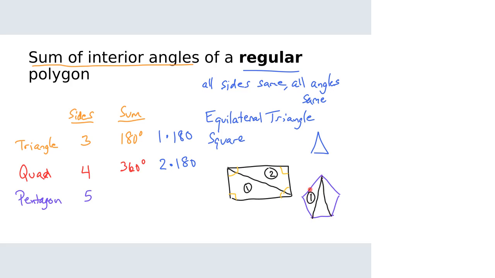And I have one triangle over here. I have a second triangle in the middle. And I have a third triangle over here. So if I wanted to add up all the angles inside that pentagon, now I have 3 triangles. So it's 3 times 180. And I don't know what 3 times 180 is, but I can multiply that and get 540. So the sum of the angles inside a regular pentagon would be 540.